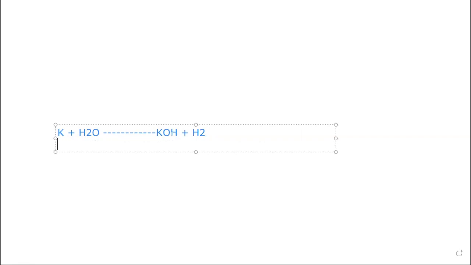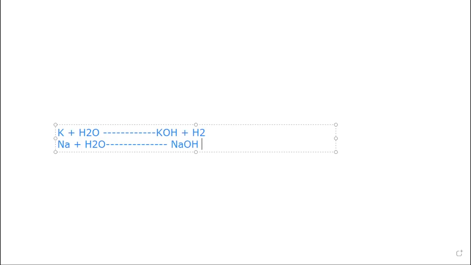Sodium, Na, plus H2O, gives sodium hydroxide, NaOH. NaOH. Great. What is the valency of sodium?